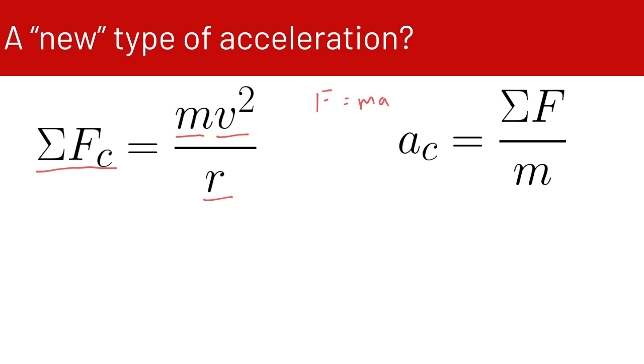So here we have just taken F divided by m, which has allowed us to solve for the centripetal acceleration. And our F is mv squared over r, which gives us a new acceleration. Our centripetal acceleration is equal to v squared over the radius.